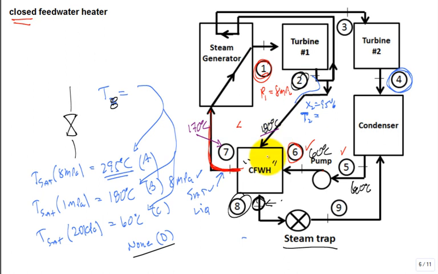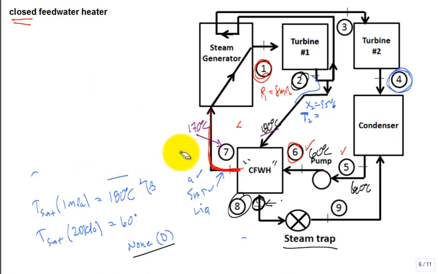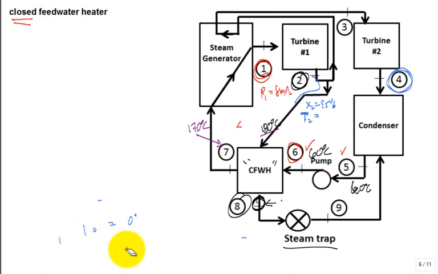Okay? All right. Sound good? Let's do one more thing. Let's get our equation for how much steam now is going to be diverted. If I tell you the temperature at 7 is 170 degrees C, could you get the enthalpy at state 7?